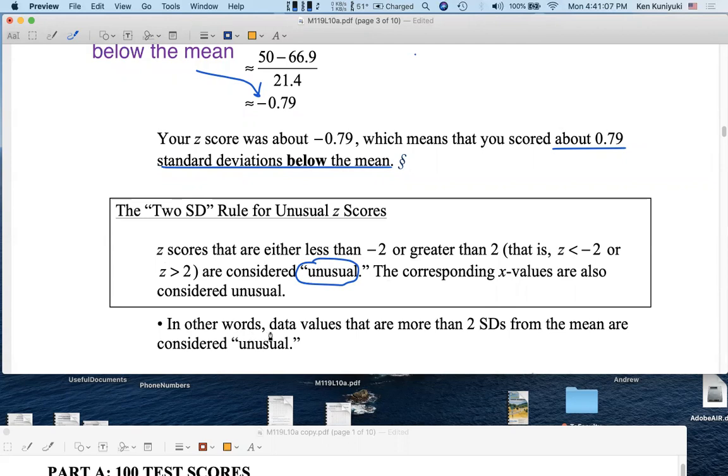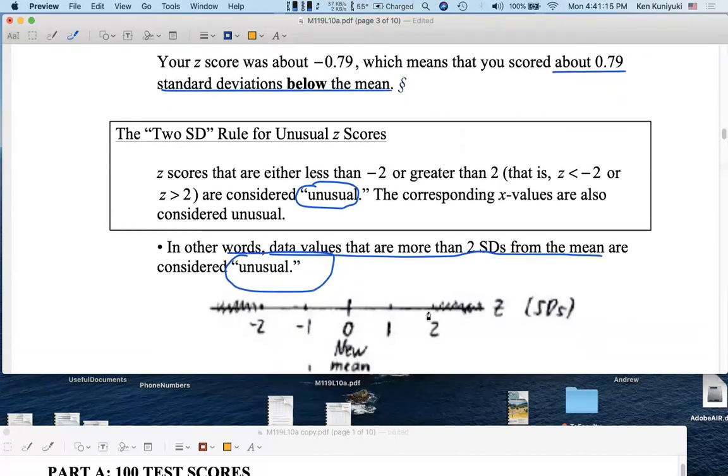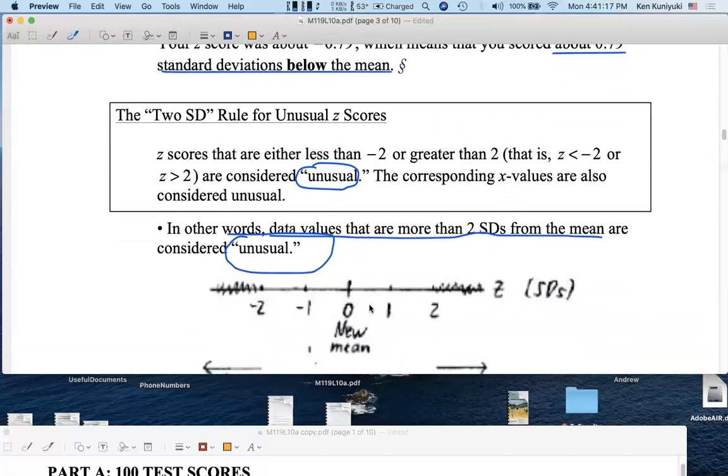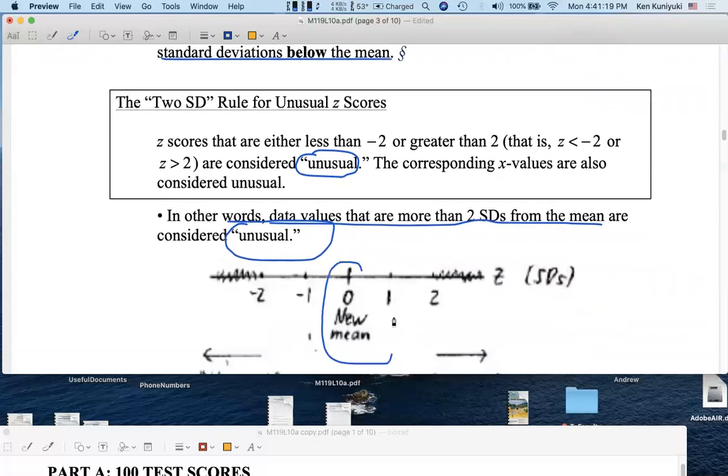So in other words, data values that are more than 2 standard deviations away from the mean would be considered unusual. So remember, if you score at the mean, your z-score is 0. Usual or typical values would be between a z-score of -2 and a z-score of +2. That means you'd be scoring within 2 standard deviations of the mean.